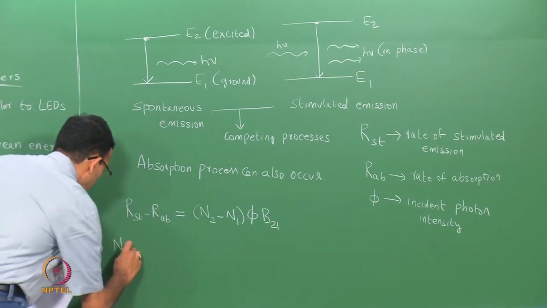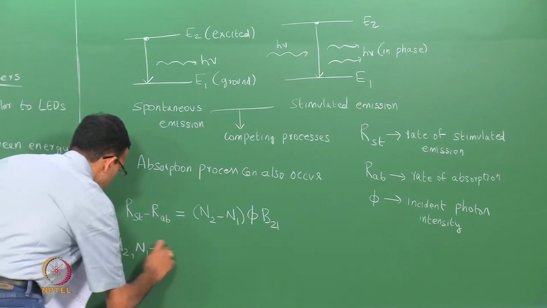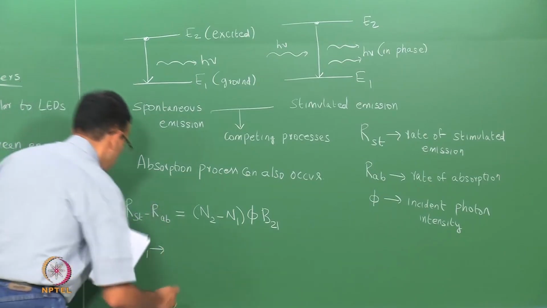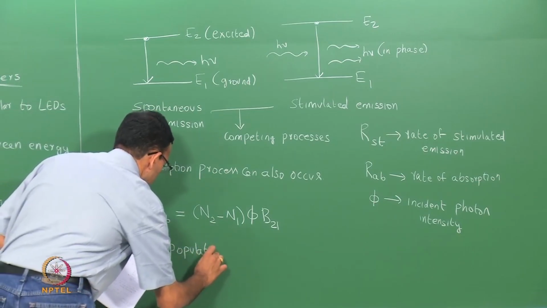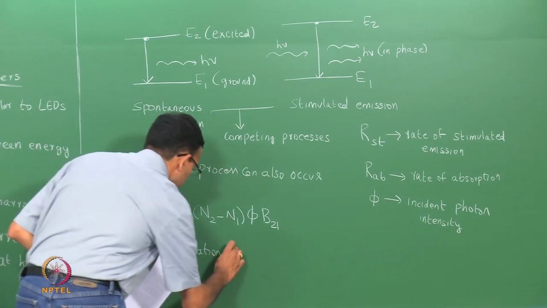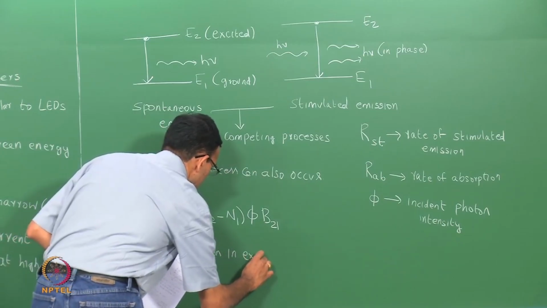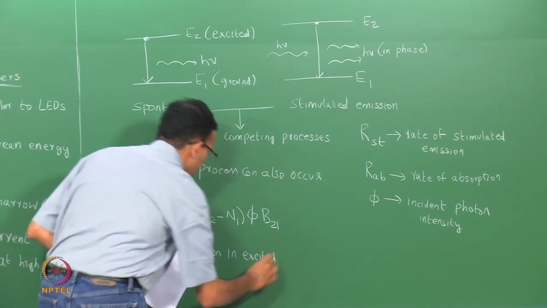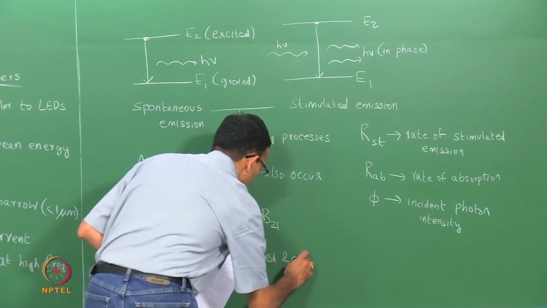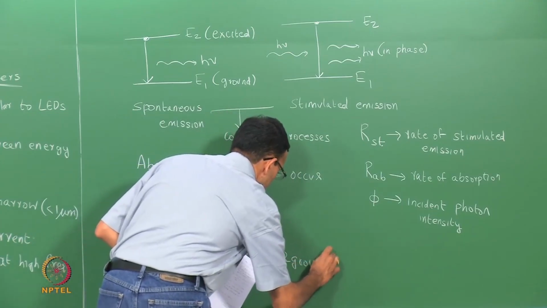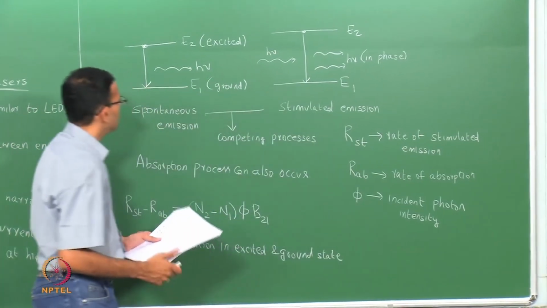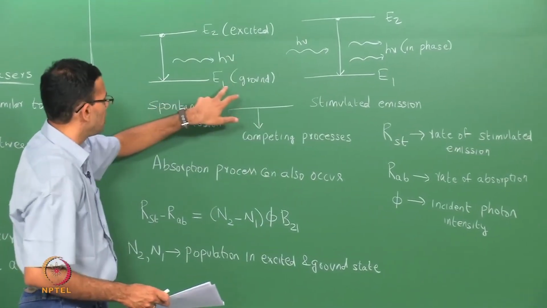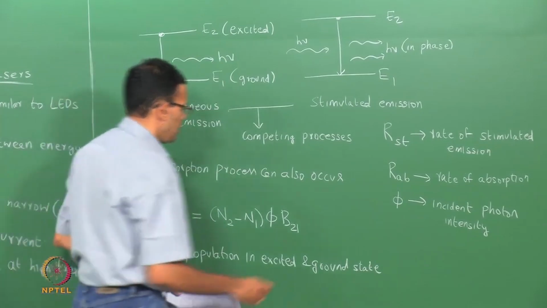So, N2 and N1 are the populations in the excited and ground state. The excited state is E2 and the ground state is E1.